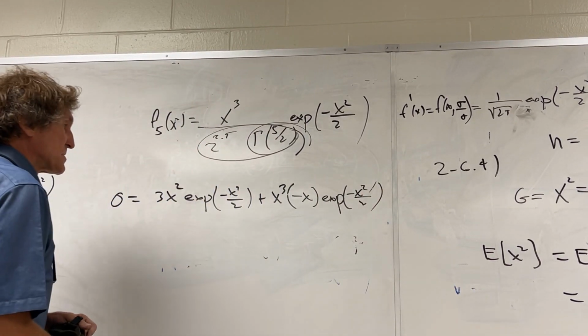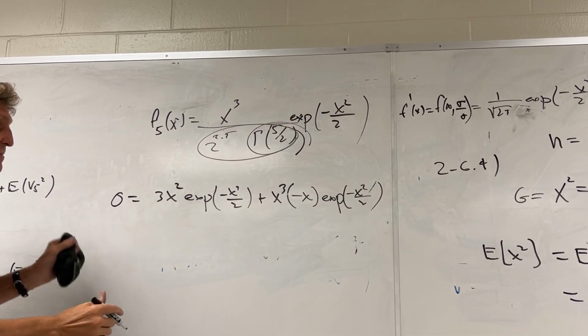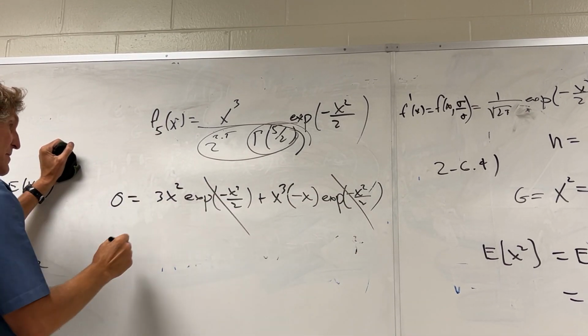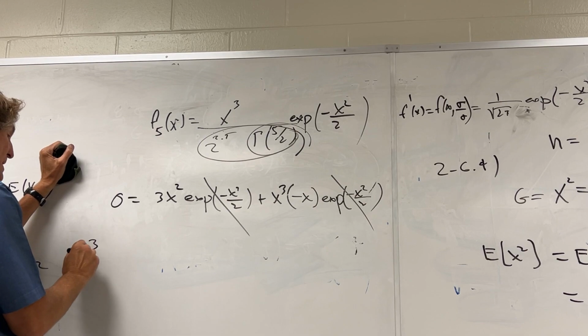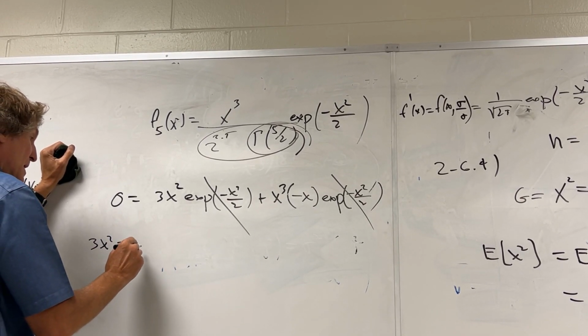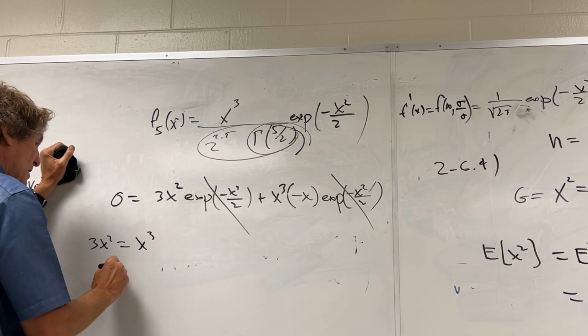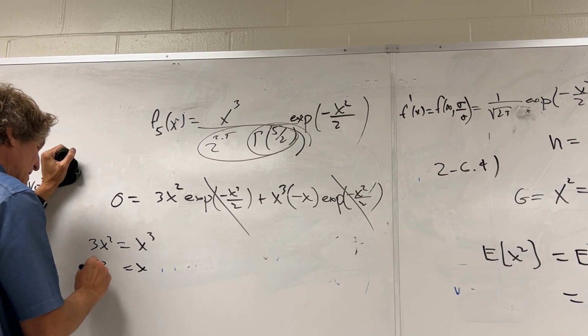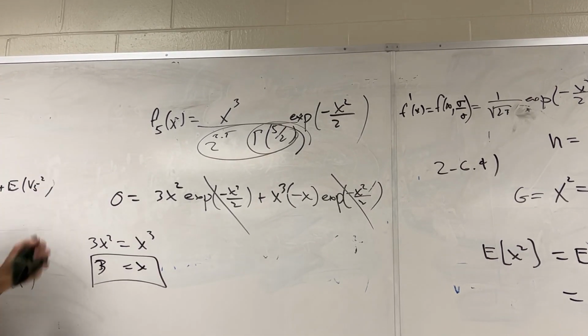So when I set it equal to 0, I can get rid of the e to the minus x squared here, and I get 3x squared is equal to x cubed, or I simply see that 3 is equal to x, if you look at this. Do you agree with that?